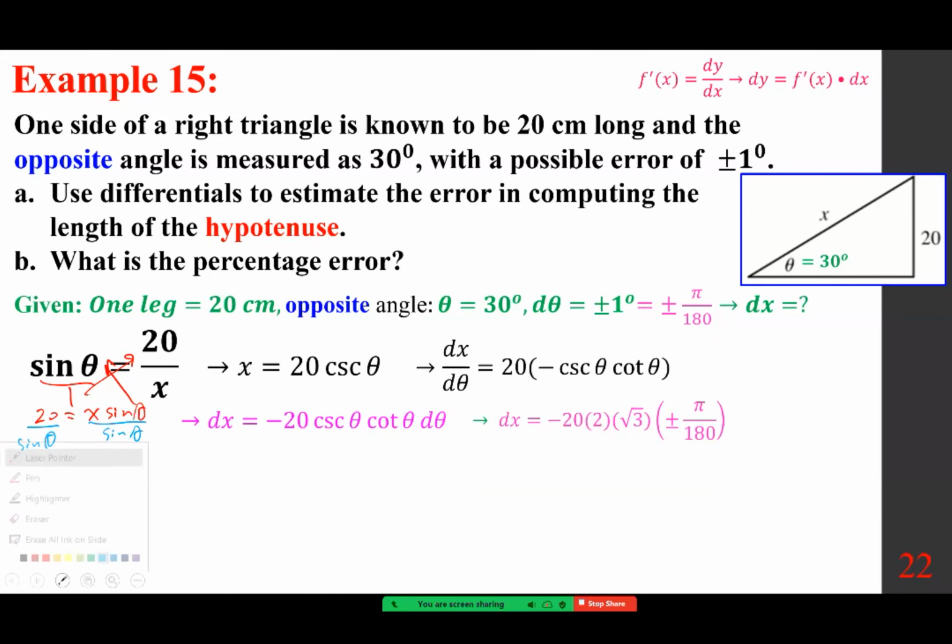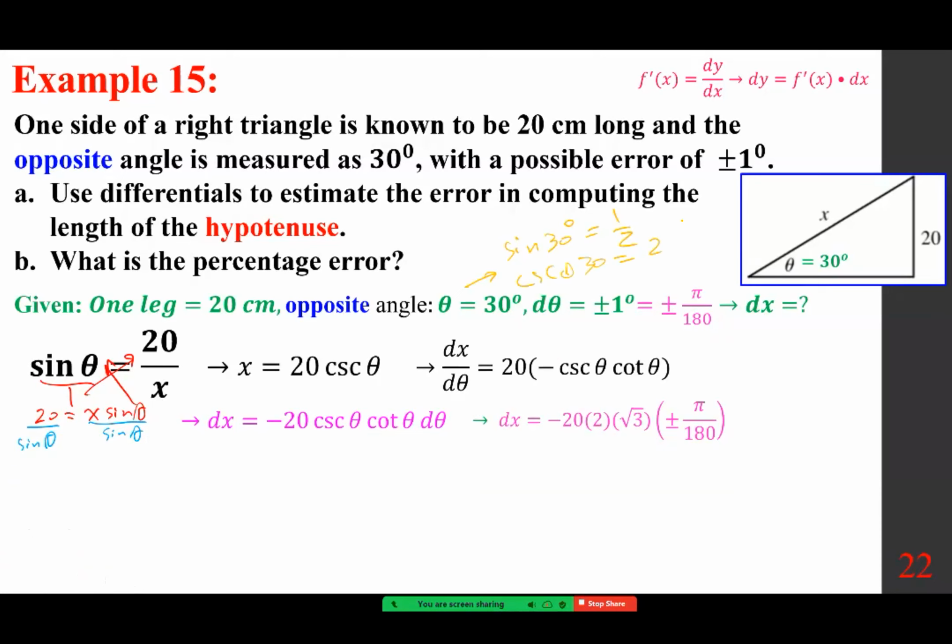I want to make sure that everybody is comfortable with this concept. Remember, sine of 30 is 1/2. Therefore, cosecant 30 must be 2 over 1, or 2.